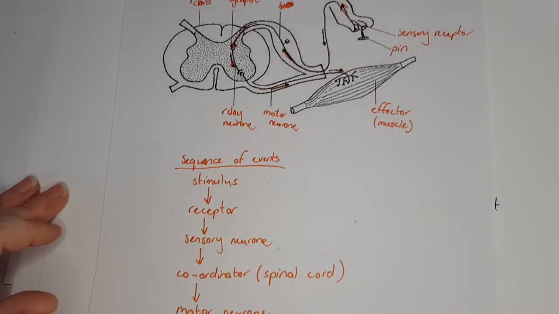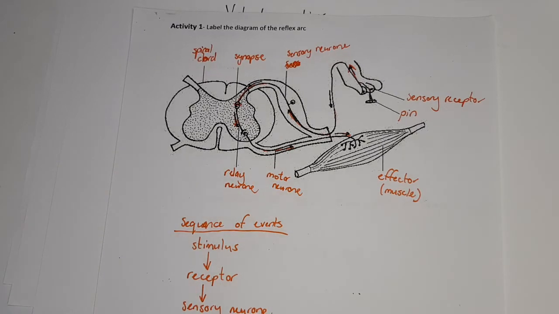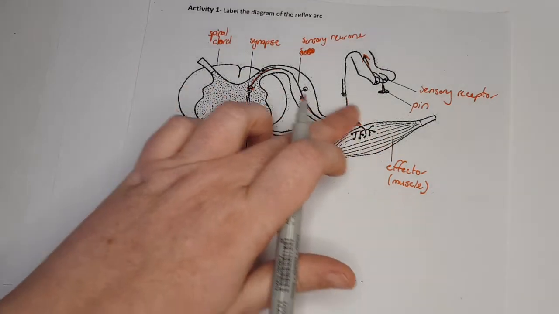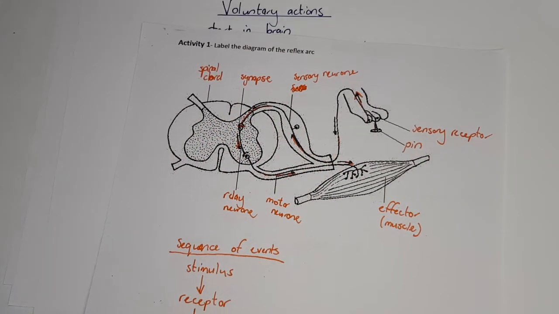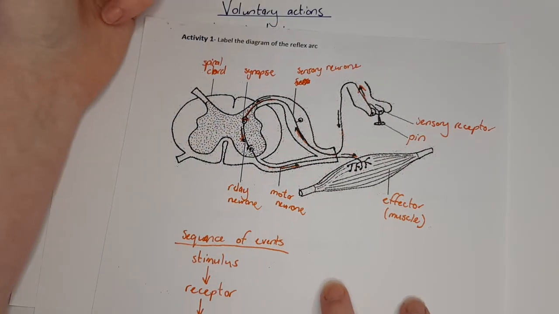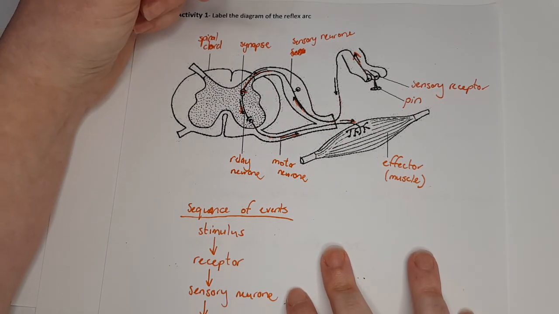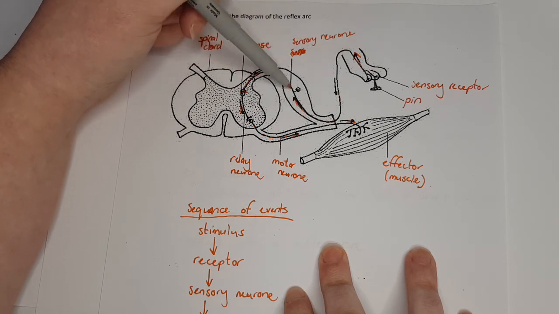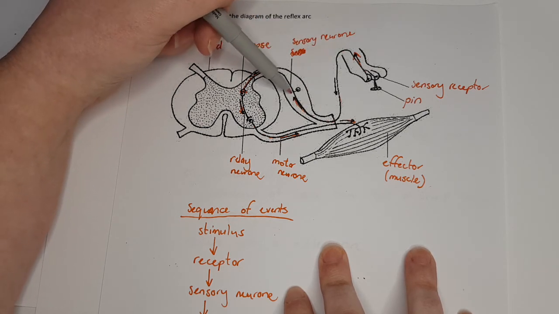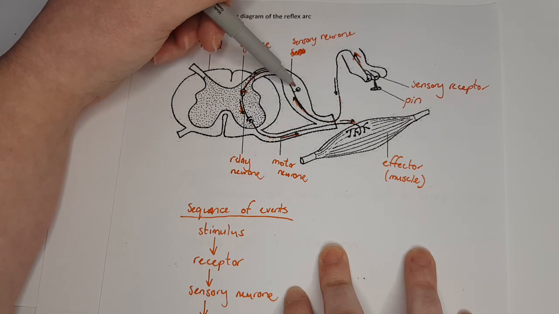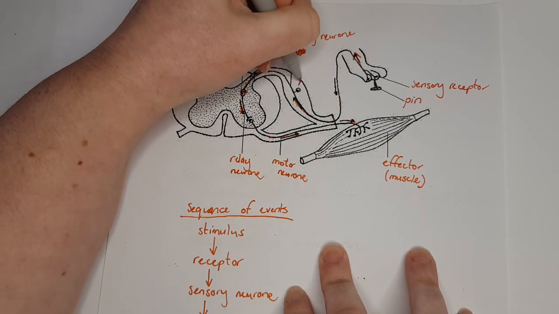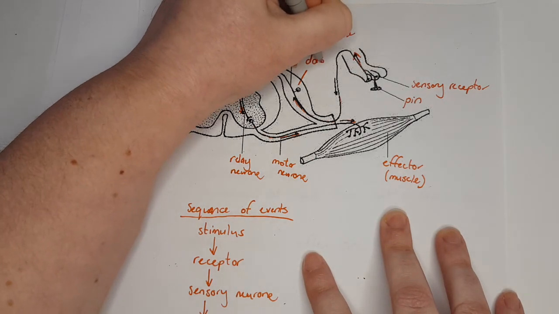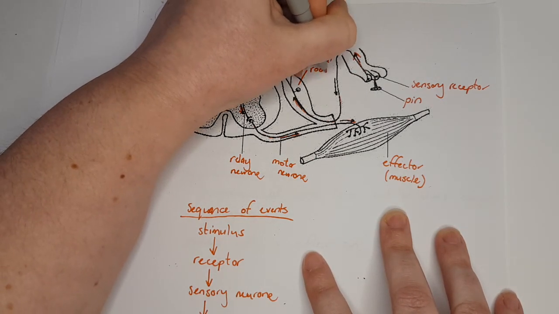Okay, so then the other thing that we need to look at once we know these sequence of events, okay, and we're able to label these, a few extra labels that I want you to also know to be able to add is over here, okay, where the sensory neuron goes in, you can see it's in quite a large area, okay? This part of the spinal cord we call the dorsal root, okay?